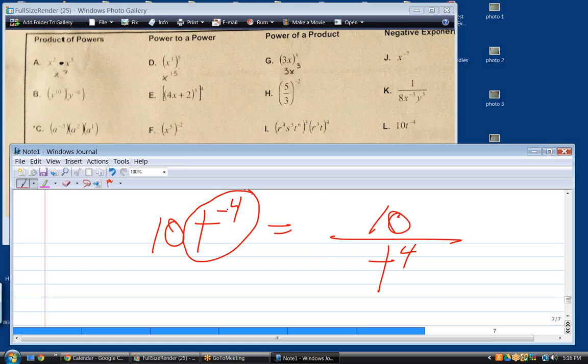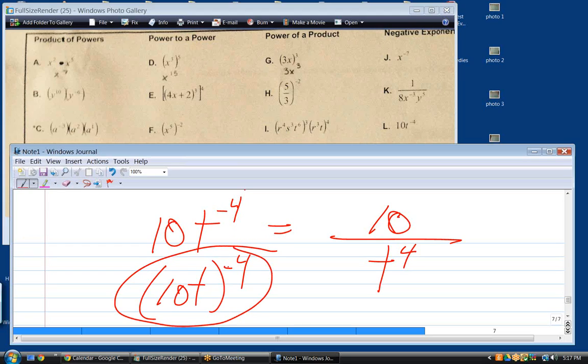In other words, this minus 4 is not operating on the 10. There's no parentheses around that. This is not the same expression as this would be. This, the 10 would be operated on by that minus 4 also. So the lower one would be 1 over 10t to the fourth.